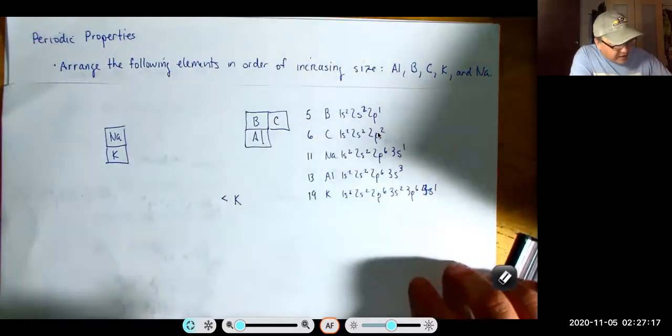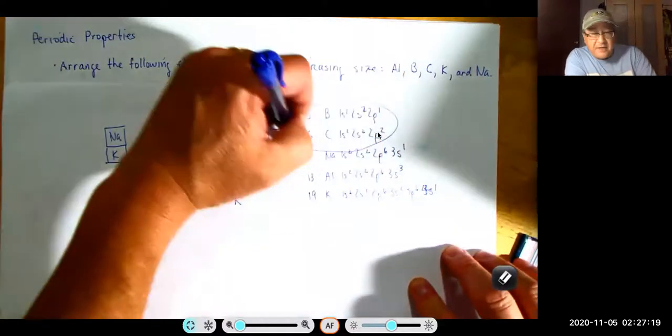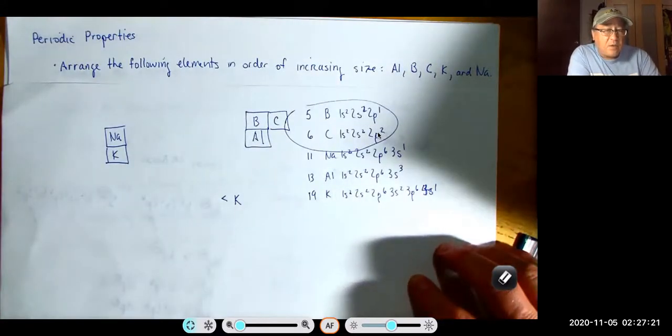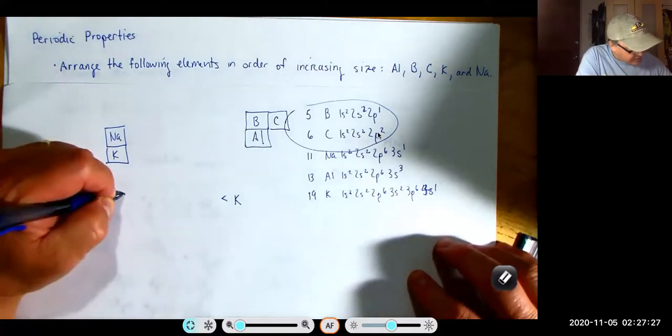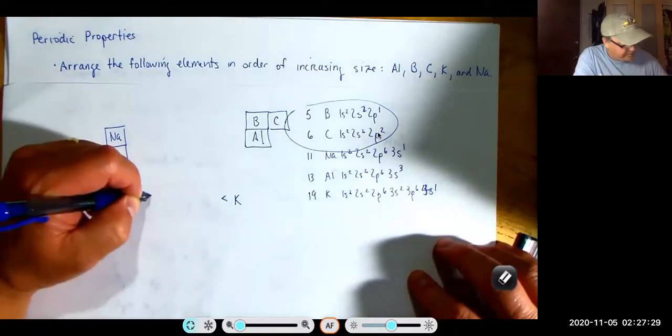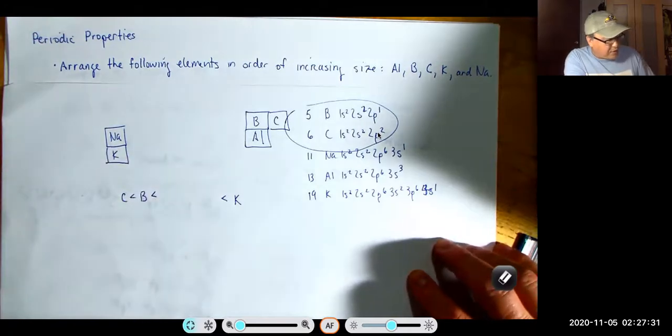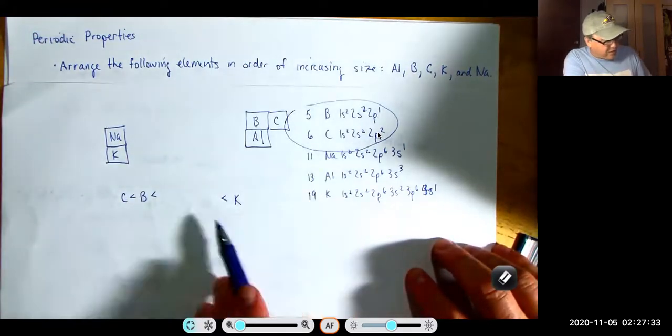So here, these guys are in the same period. And remember, the one with more protons will be smaller. So between these two, carbon's going to be smaller than boron. Now, how do sodium and aluminum fit into all of this?